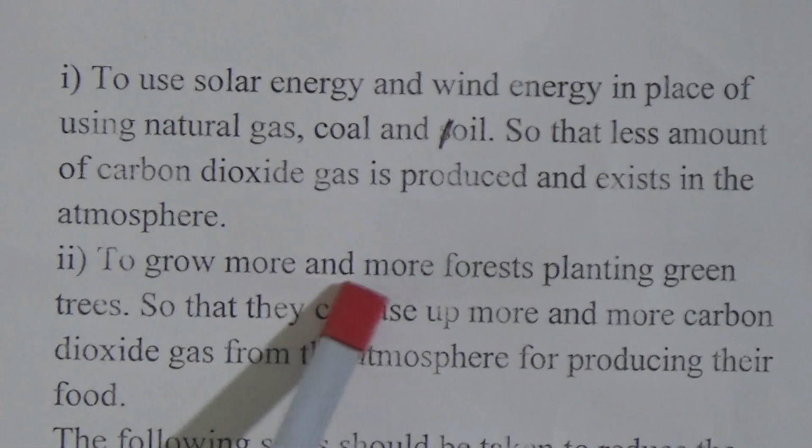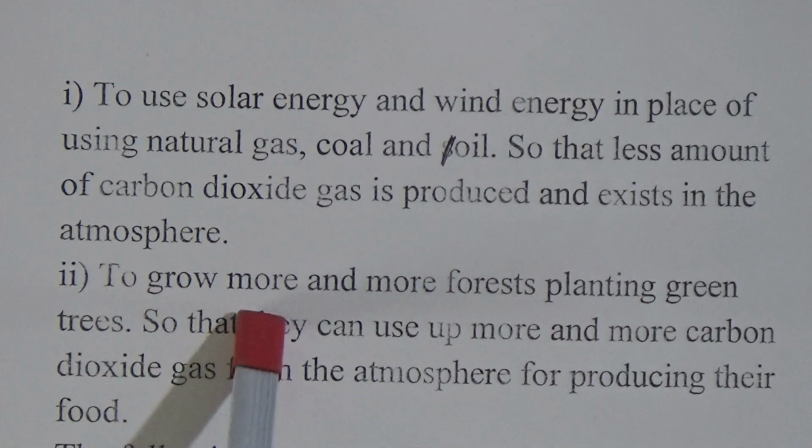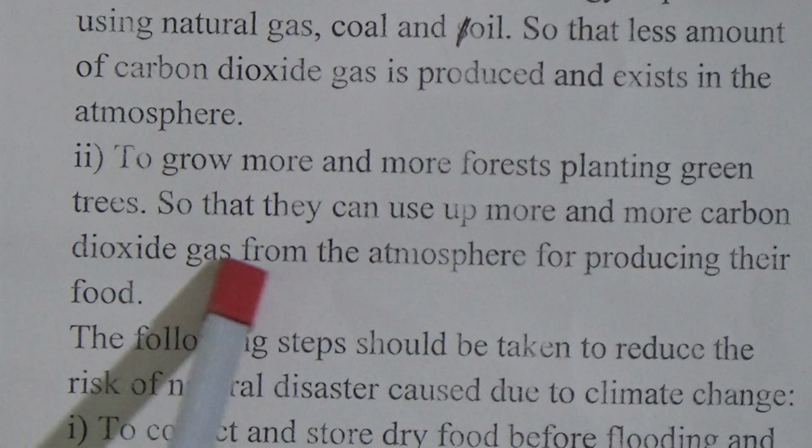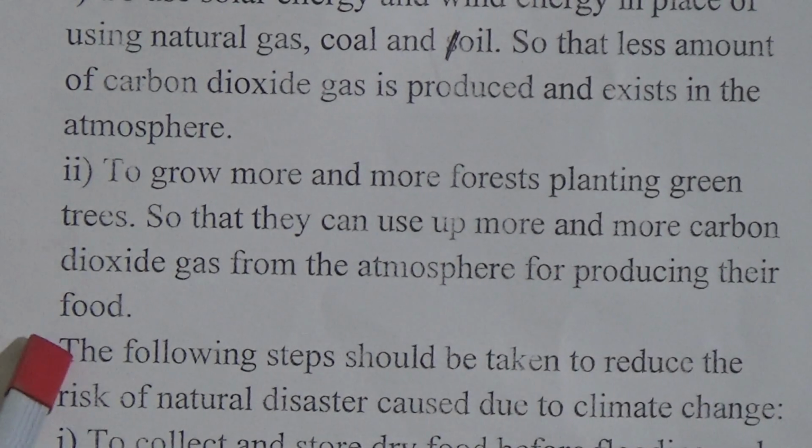Second one, to grow more and more forests, planting green trees so that they can use up more and more carbon dioxide gas from the atmosphere for producing their food.